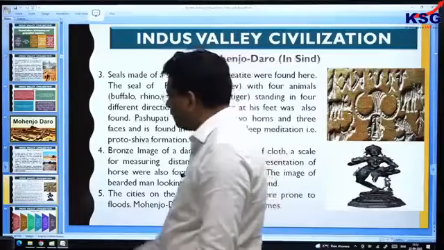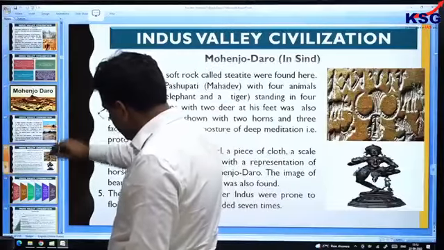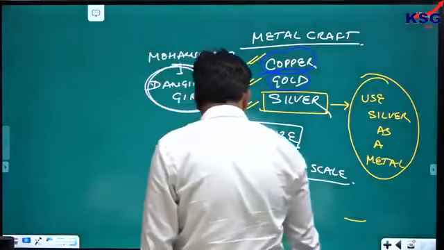Very unique findings from Mohenjo-daro. So, the image of a dancing girl.